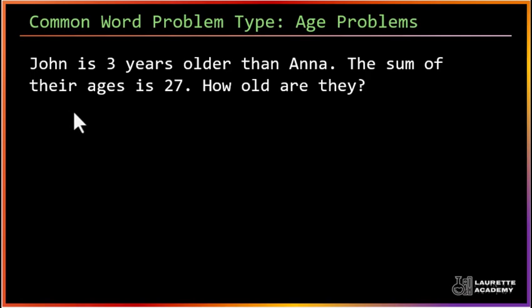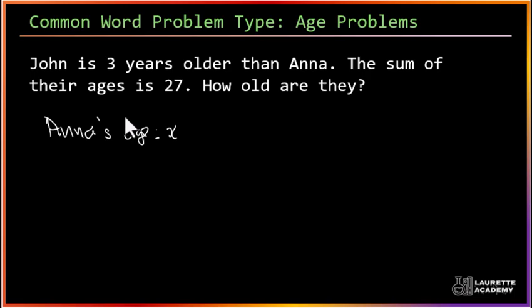First, let's define our variables. It's often easiest to let the simpler age be x. Let's say Anna's age is x. So Anna's age is x, all right?